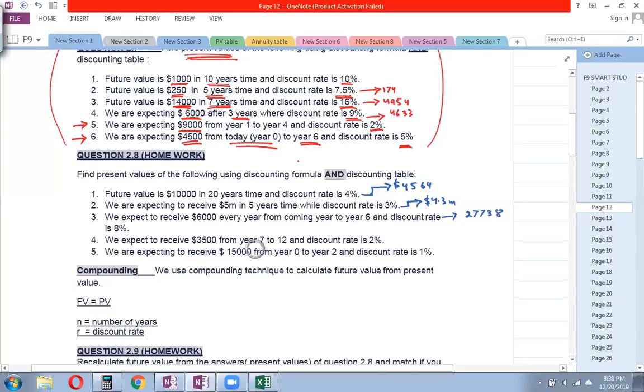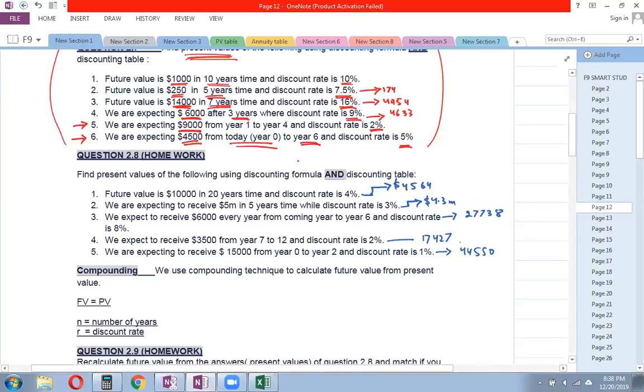The answer for the fourth one is 17427. And the answer for the last one is 44550. So can you see the last two one, or the last three one, right? It's actually for more than 1 year, and I've given you the answer in total. So you have to actually calculate it individually.